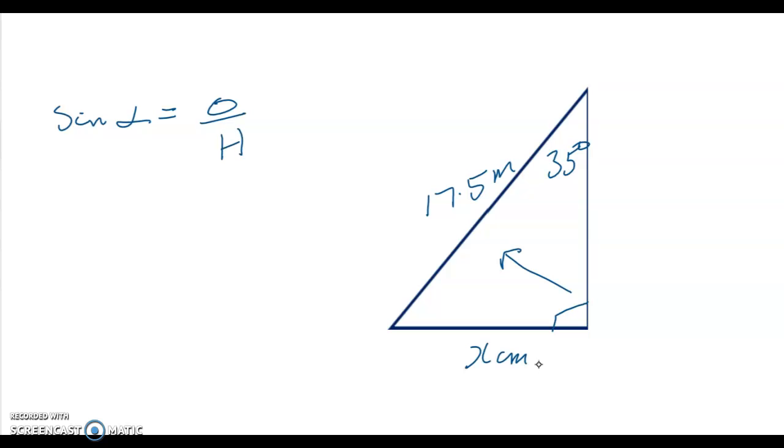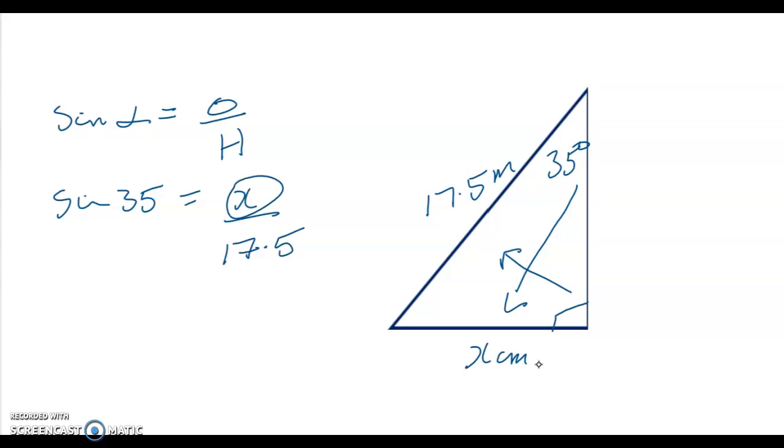We've got the angle. So sine of 35 is equal to the opposite side, which is x, and my hypotenuse is 17.5. Remember, we want x on its own, so we multiply each side by 17.5. So x is equal to 17.5 times sine 35.